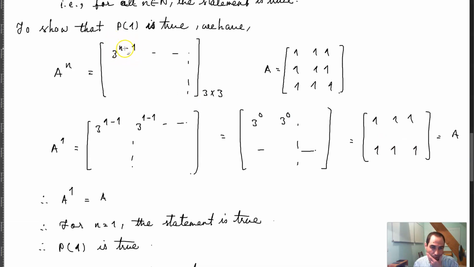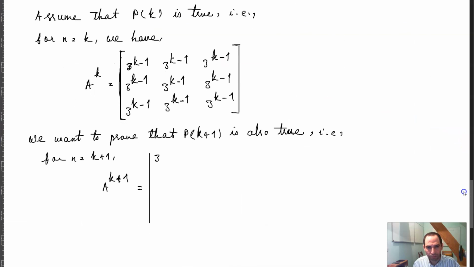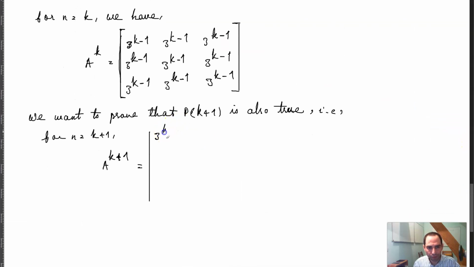If n is equal to k plus 1, then you have k plus 1 minus 1, where you will get 3 raised to the power k. So that would be 3 raised to the power k in every entry, and so on and so forth. That would be your matrix for that occasion.